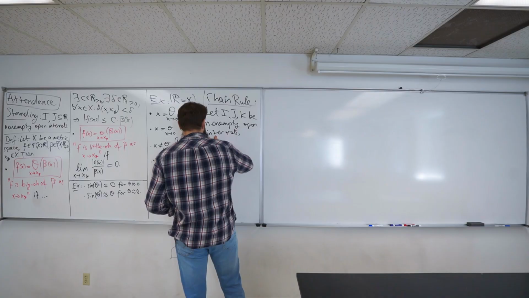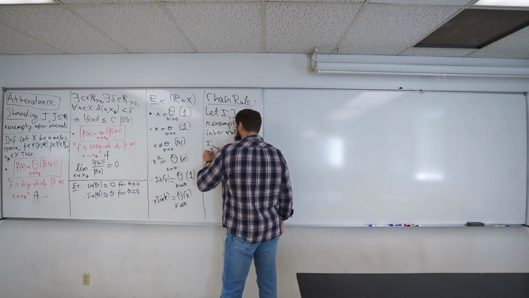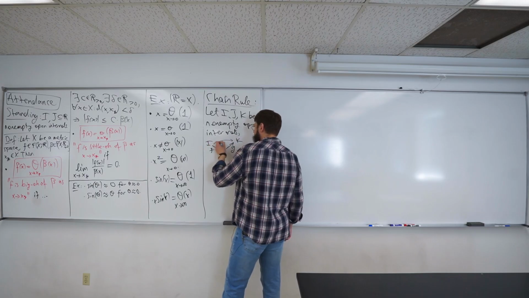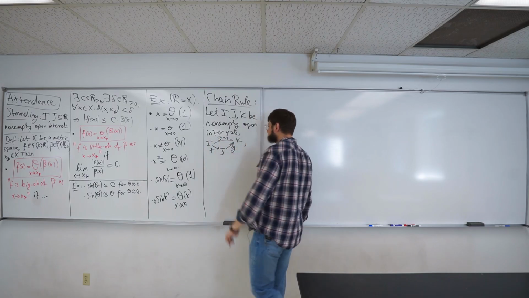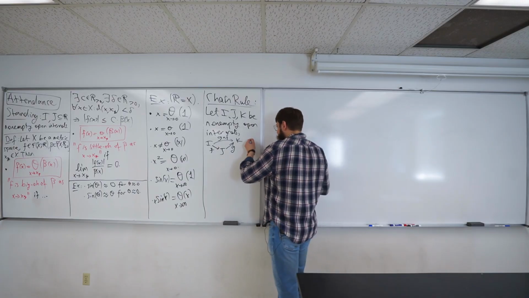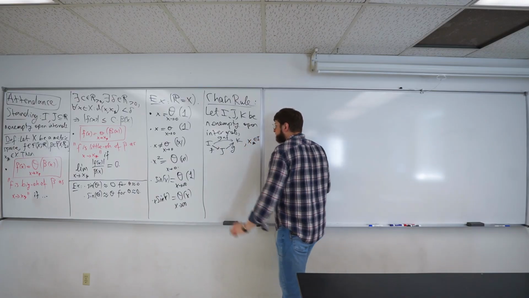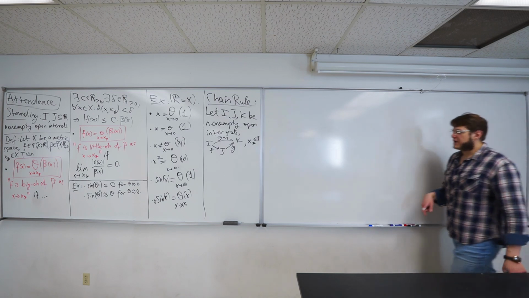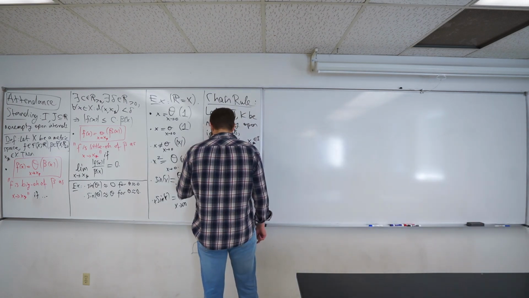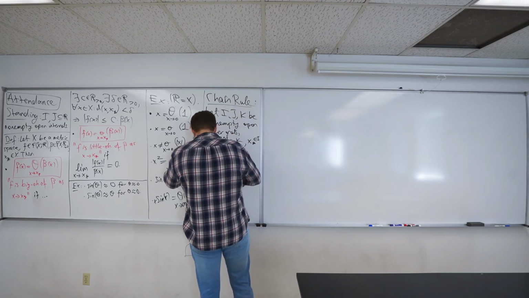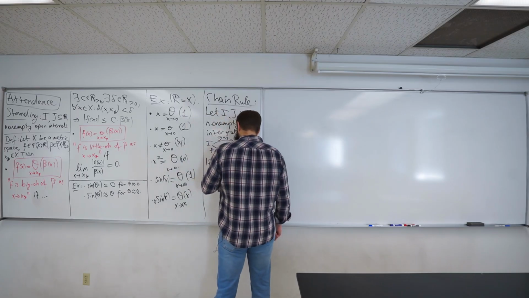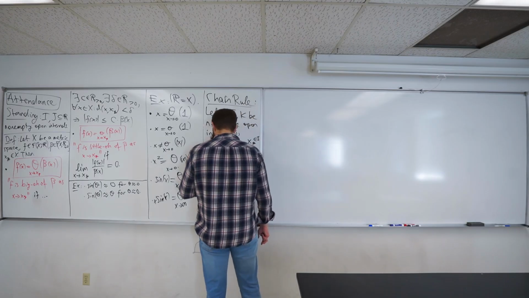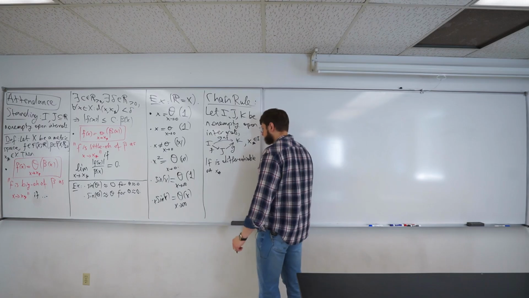So f be a function from I to J, and g be a function from J to K, so that I have this composition well defined. x star be a point in I, and say f is differentiable at x star, and g is differentiable at f of x star.